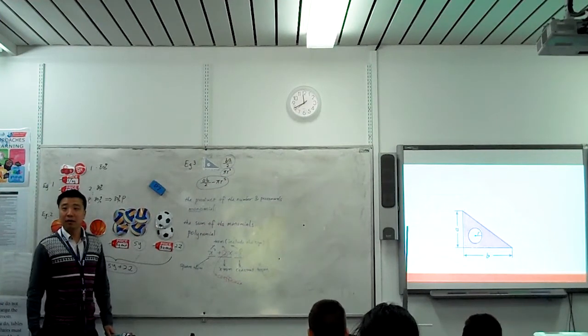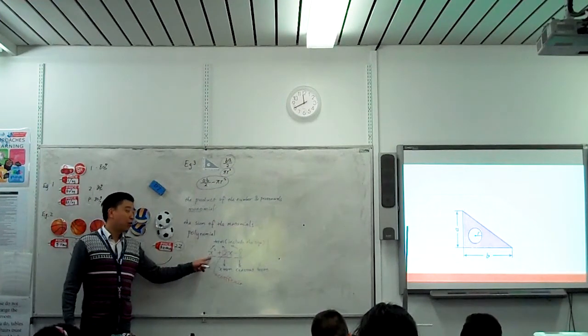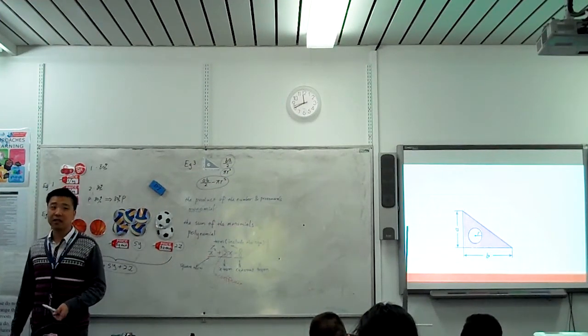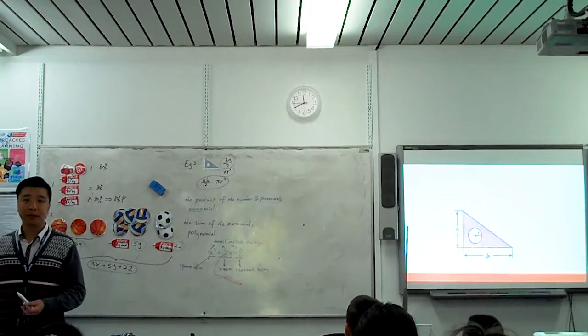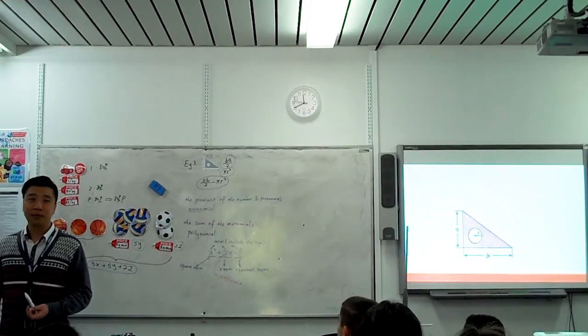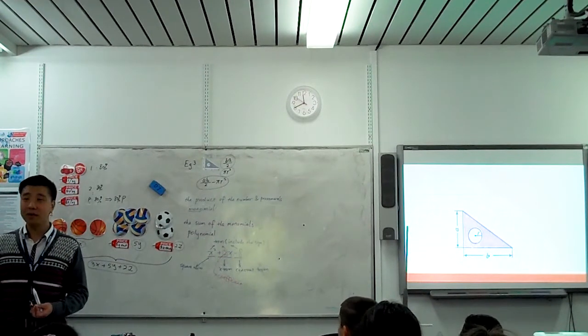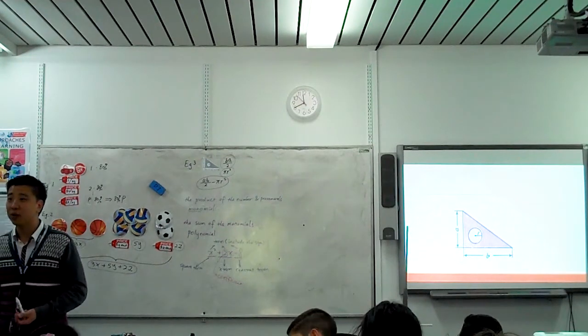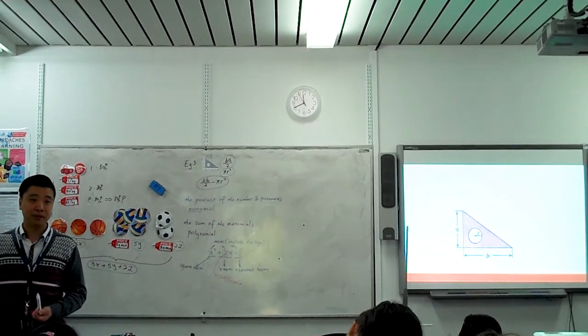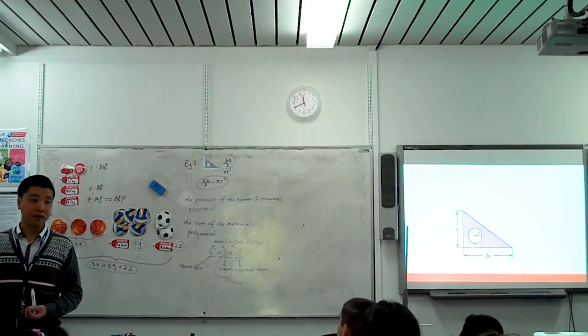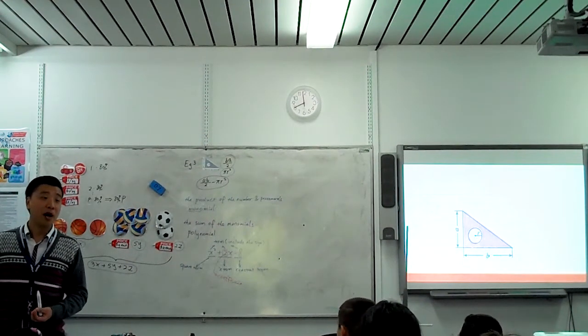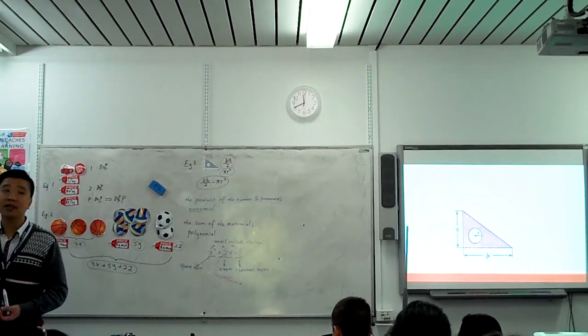Now, my question for this one is, what is the coefficient of the x squared term? Is that 0 or 1? It's 1. Some people say there's nothing in front of x squared, so that should be 0. It's 1 times x squared, because you have 1 lot of x squared.